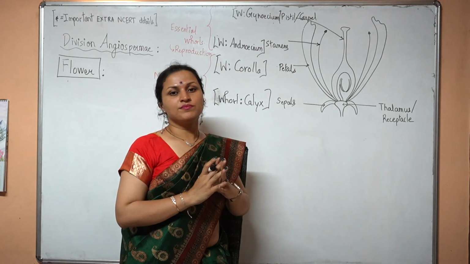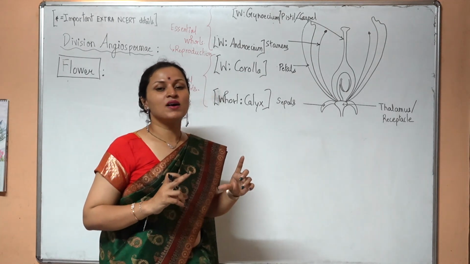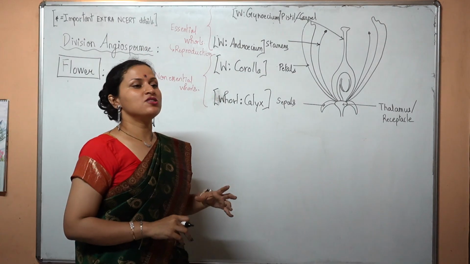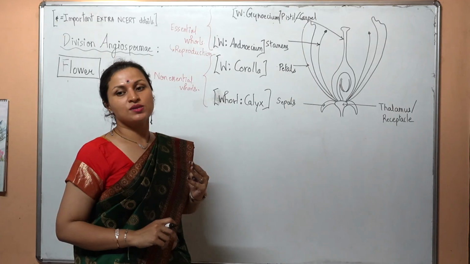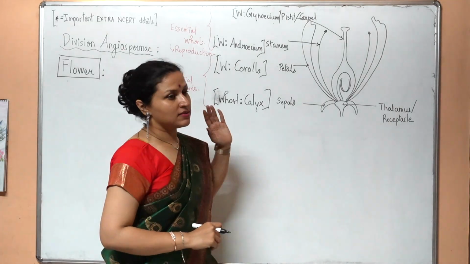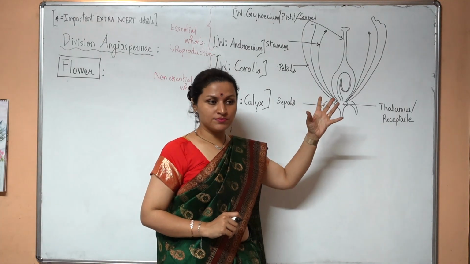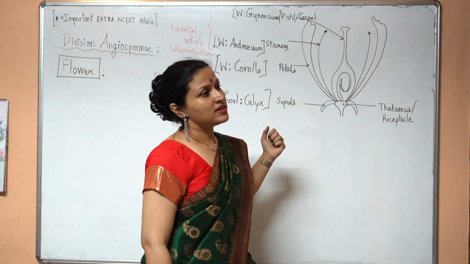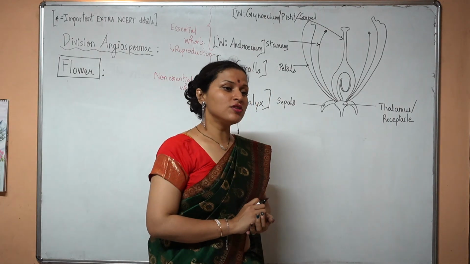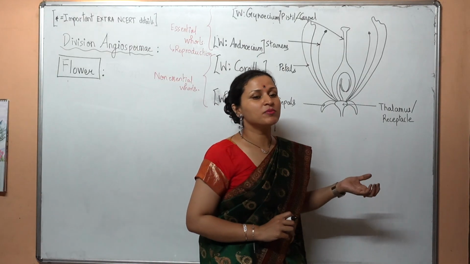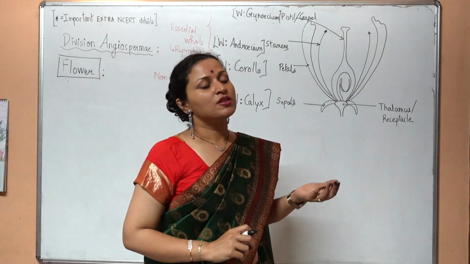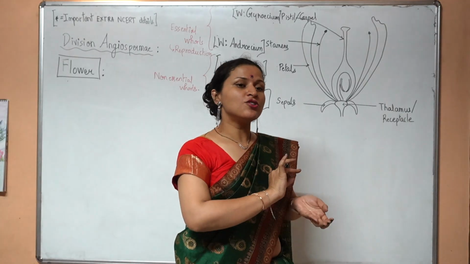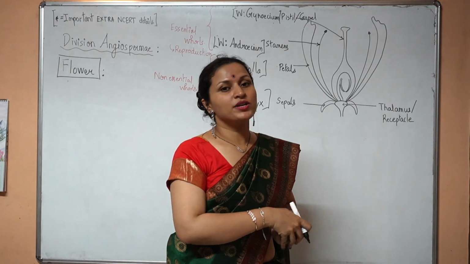Next, androecium. It comprises the stamens, also called microsporophylls. Their job is to produce the microspores, or pollen grains. Next, the gynoecium. The gynoecium is made of the pistil, also called the megasporophyll, that will house inside it the ovule. How is this megasporophyll different from the megasporophyll of the gymnosperms? The megasporophyll could produce the ovule but could not cover it with a wall in order to protect it.